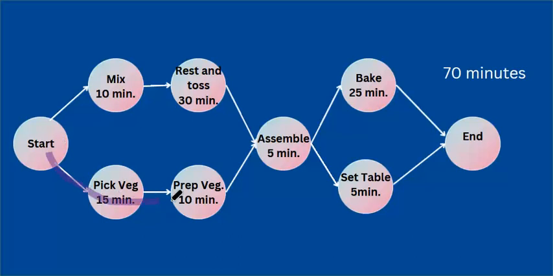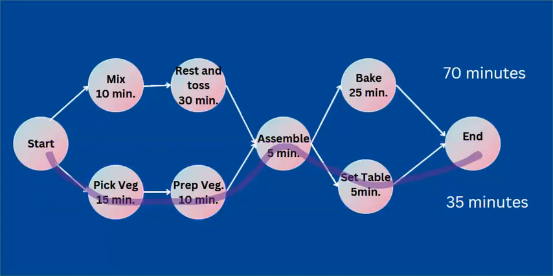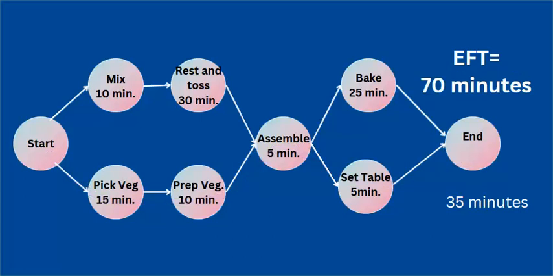Now let's look at the other, bottom path. To pick vegetables, prep, assemble, and set the table takes just 35 minutes. This means our EFT is 70 minutes. It's the longest path because 70 minutes will give us time to do everything.